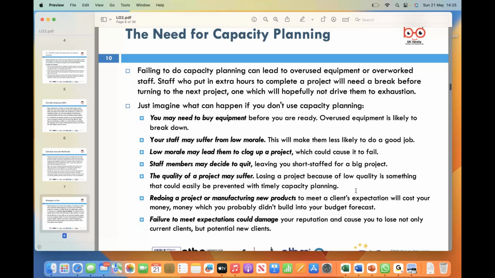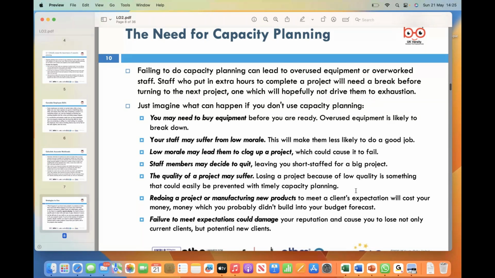If you fail to deliver a project of sufficient quality or within the agreed time frame, you risk damaging your reputation. Negative word of mouth can spread quickly, potentially leading to the loss of both current and potential clients. So this can be a significant setback for your business growth and sustainability.